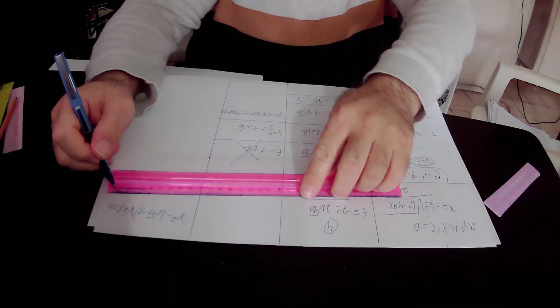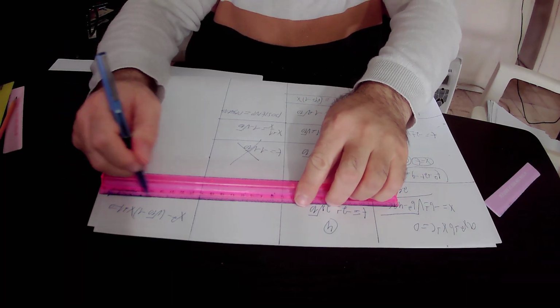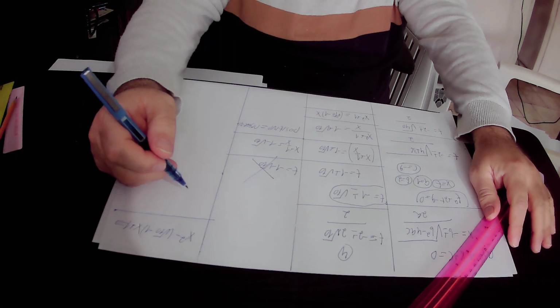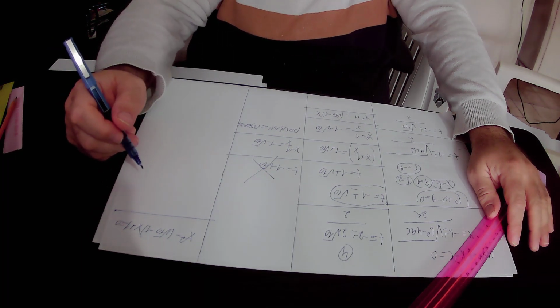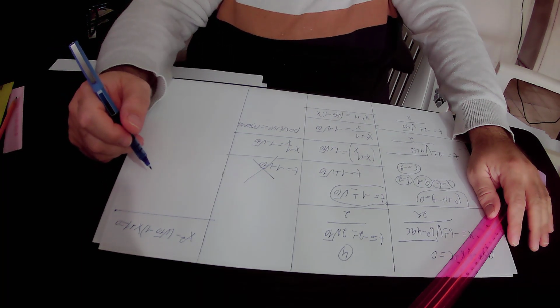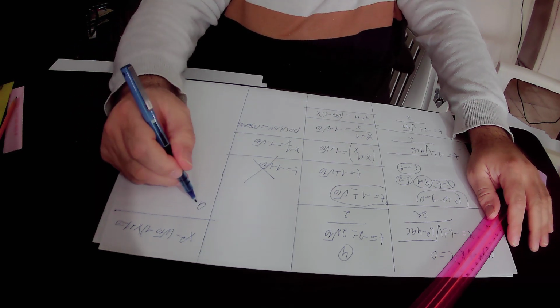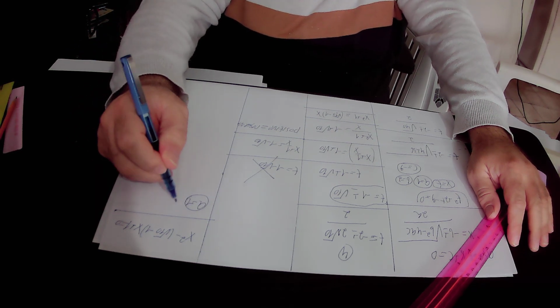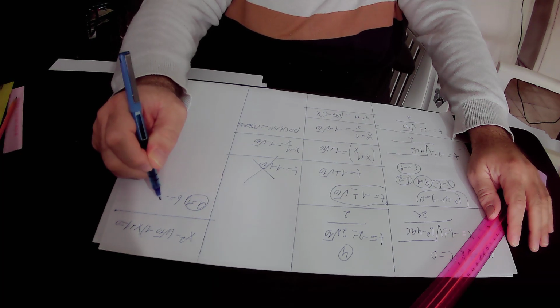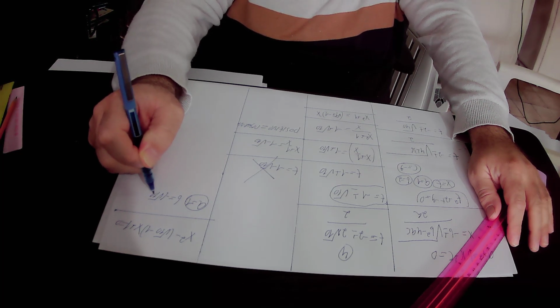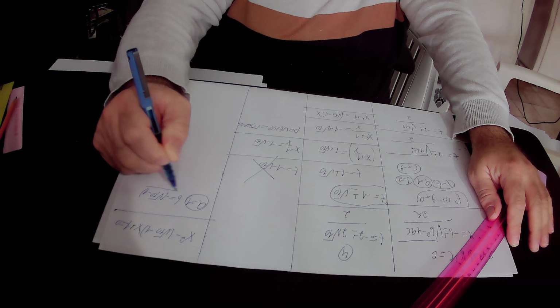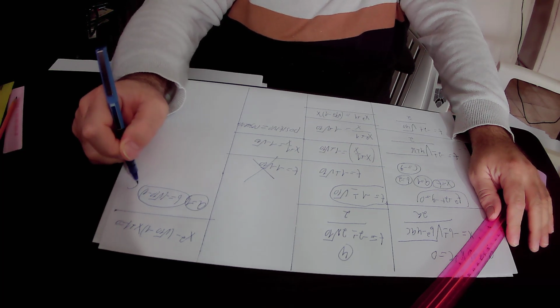So we have here a quadratic equation. In this quadratic equation, the coefficients are as follows: a equals 1, b equals minus square root of 10 minus 1, and c equals 1.